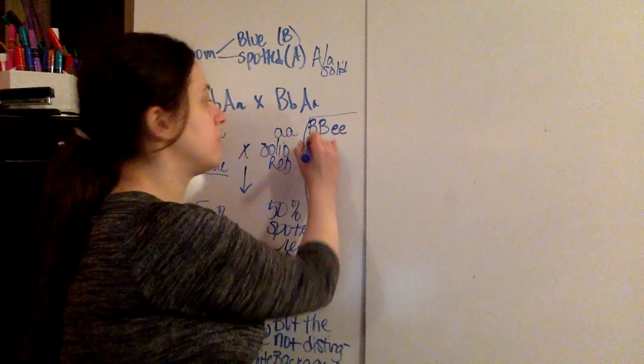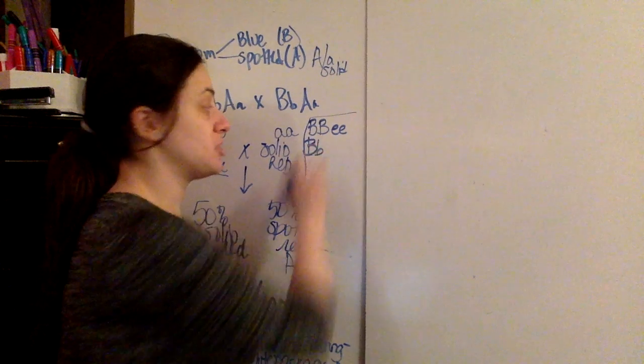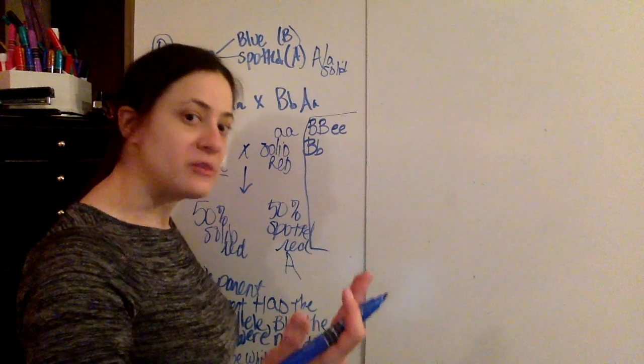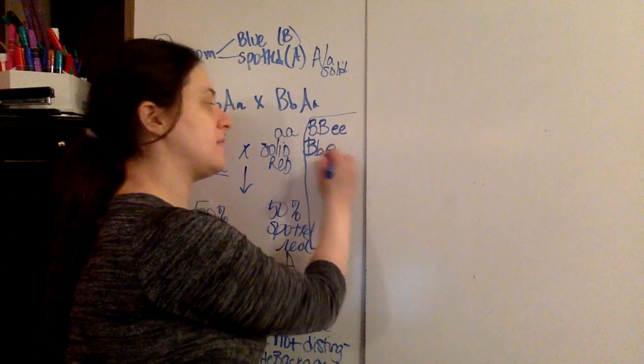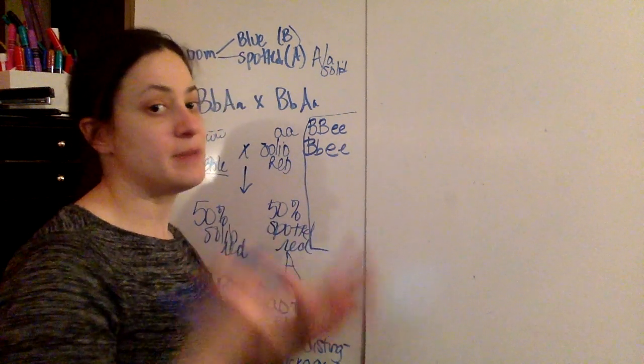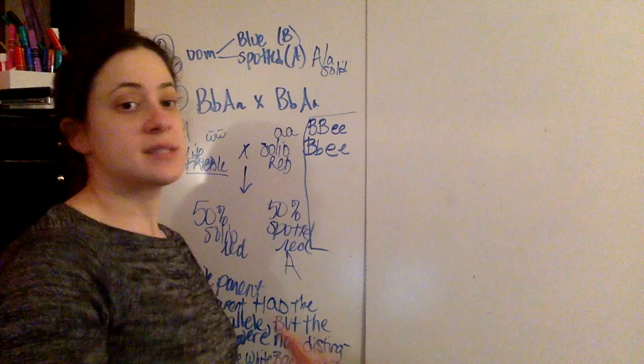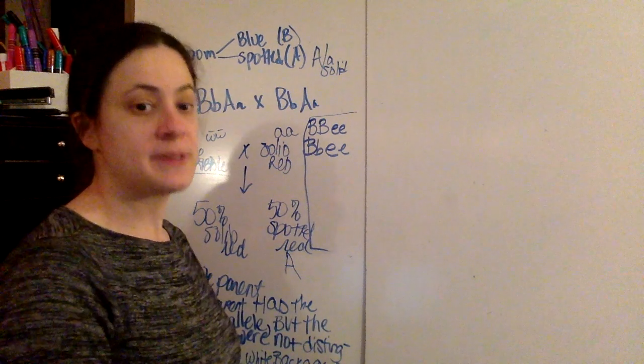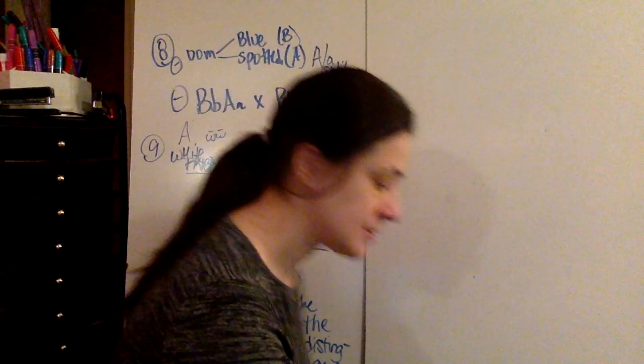Or we could have had what should be a chocolate or brown lab, but even still, if it has the two recessive E's, that pigment is still not produced. So this is actually an example of an epistatic pattern of inheritance.